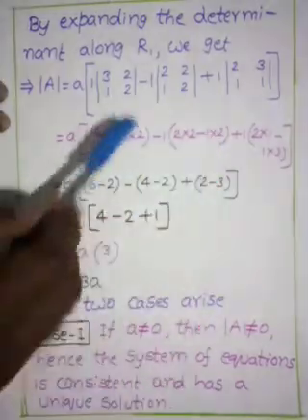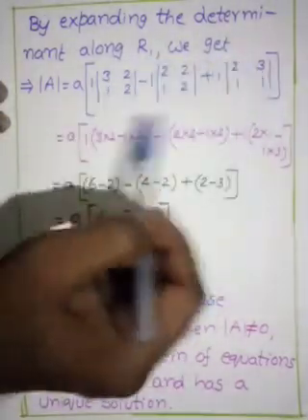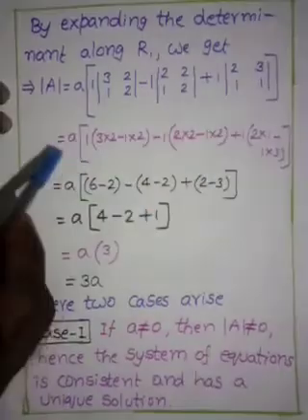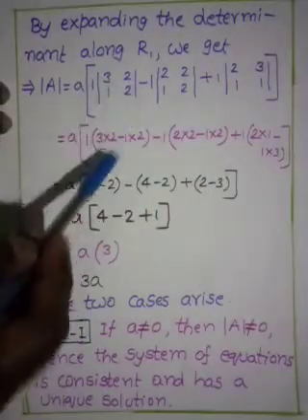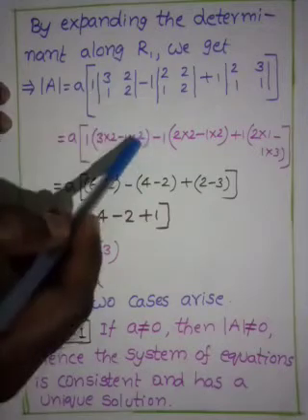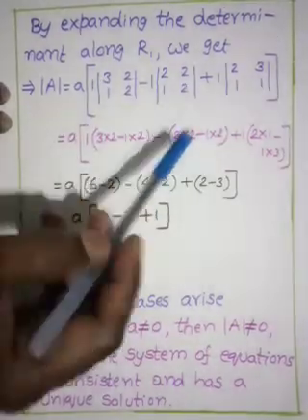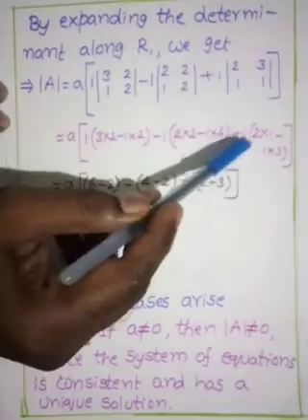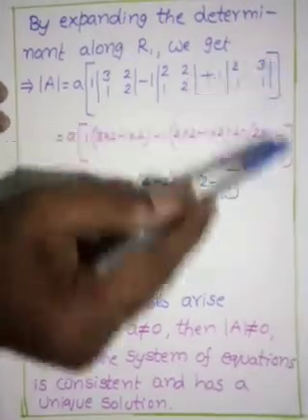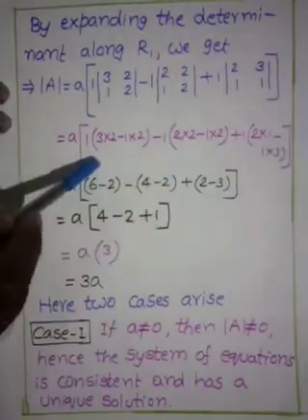Now we find the value of this expression. That is a into [1 into (3 into 2 minus 1 into 2), minus 1 into (2 into 2 minus 1 into 2), plus 1 into (2 into 1 minus 1 into 3)]. Understood this step, my dear children?